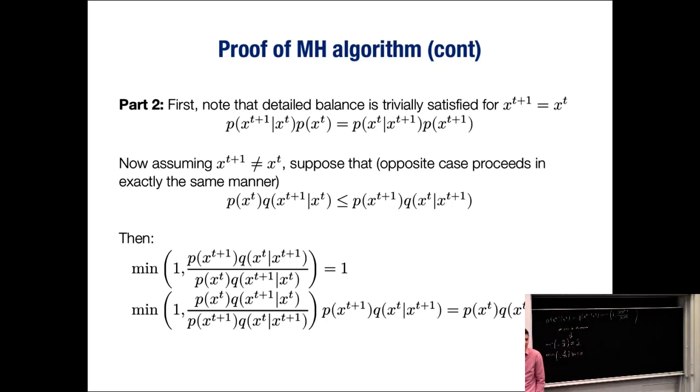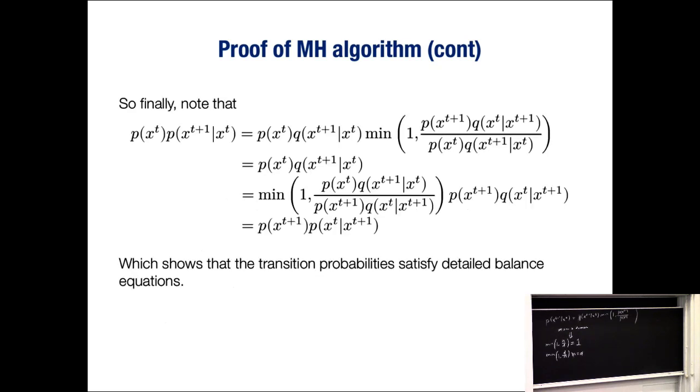It doesn't seem like anything clever, right? Because if this one is bigger than this one, this term will be the minimum. So I multiply this term by the numerator, and I get my denominator out. That seems really obvious, but this is actually all there really is to showing that the equations satisfy detailed balance. So now we'll just do the math.